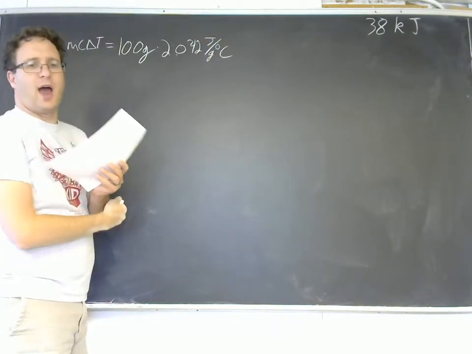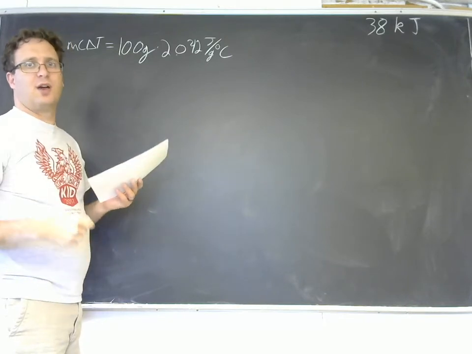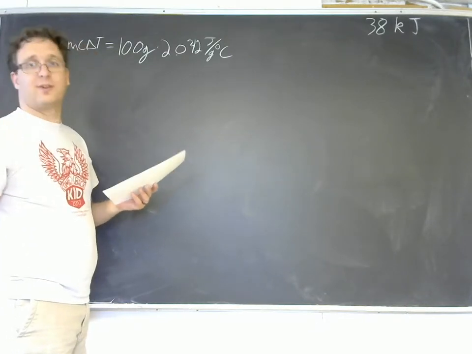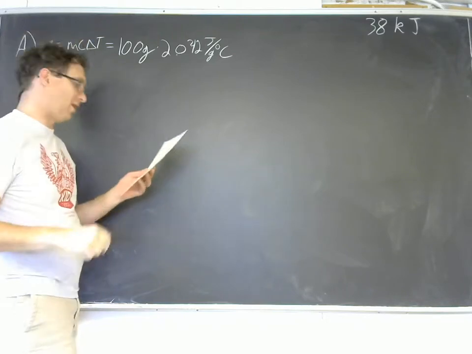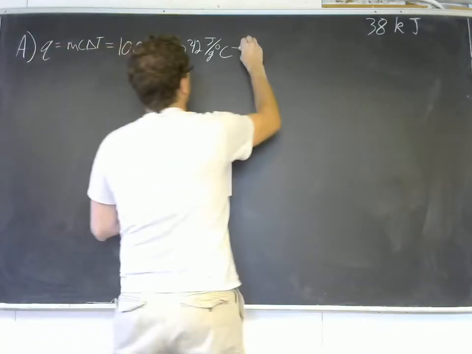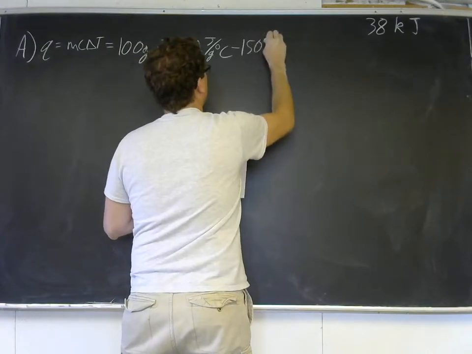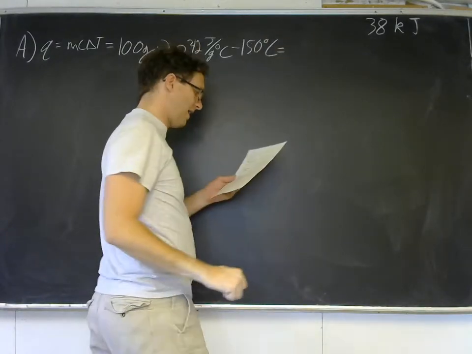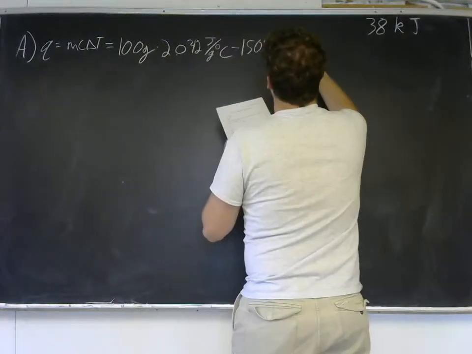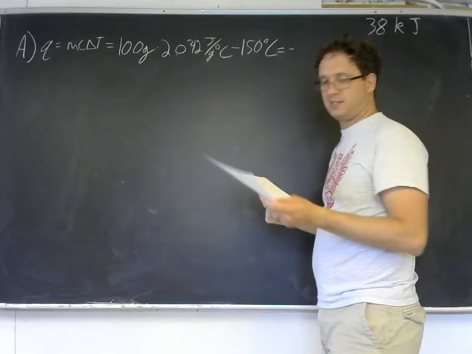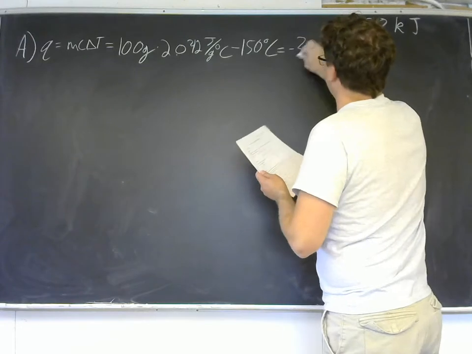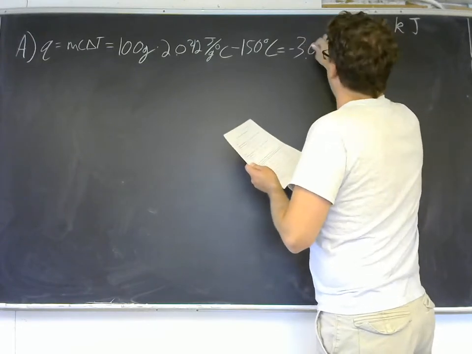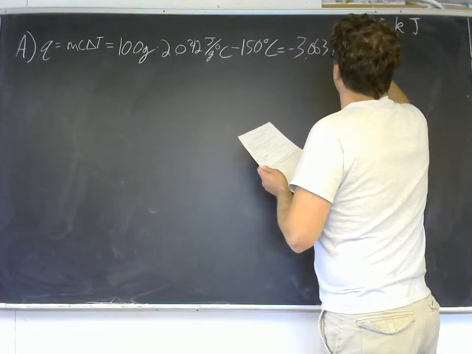And how much did the temperature change? Well, we started at 250 degrees Celsius and dropped down to the boiling point of 100, and so that is a negative 150 degrees Celsius. And that comes to negative 3,063 joules, so we'll change that into kilojoules, negative 3.063 kilojoules.